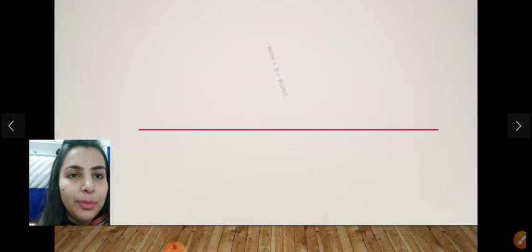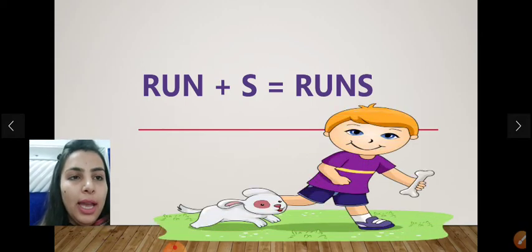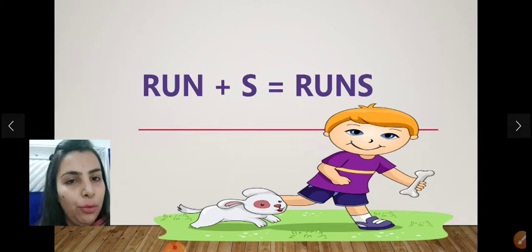See the next? Run. When we add s with the verb run, it becomes runs. And runs describes that this action is happening right now and it is a present tense. So run plus s equals runs. When we add s with a verb, it becomes present tense.